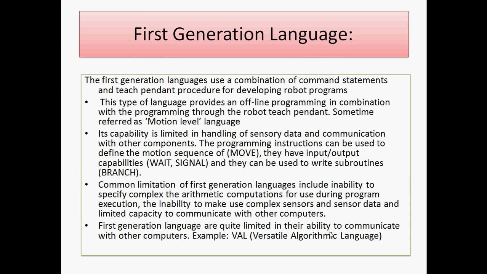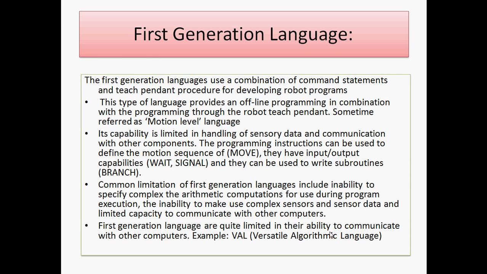In first generation language, a combination of command statements and teach pattern procedure is used for developing robot programs. While developing the programs in offline mode programming, through the teach pattern, it is sometimes referred to as a motion level language.